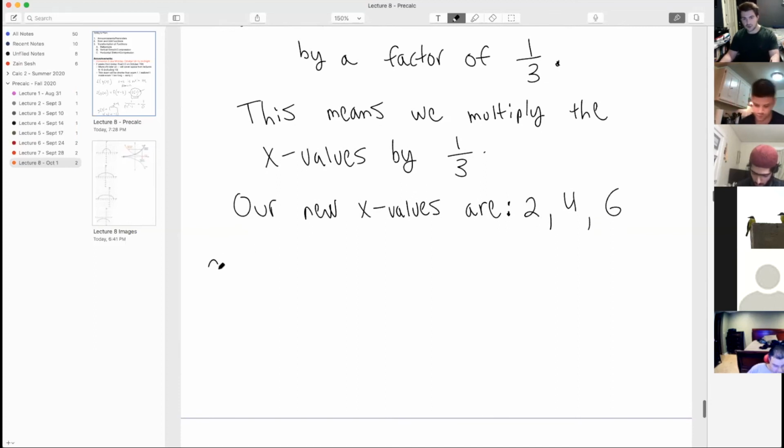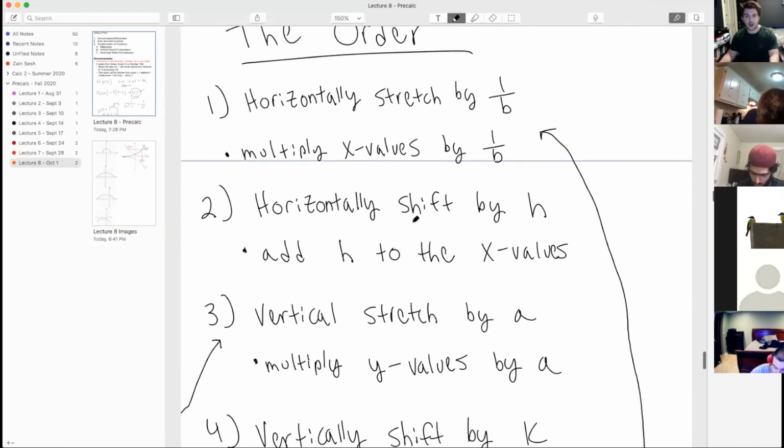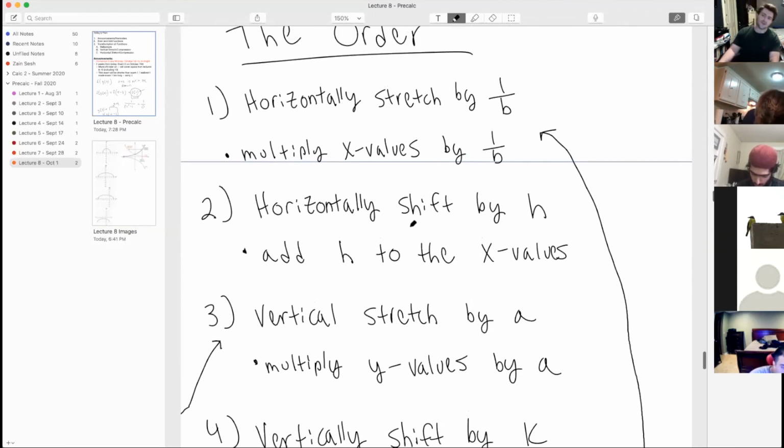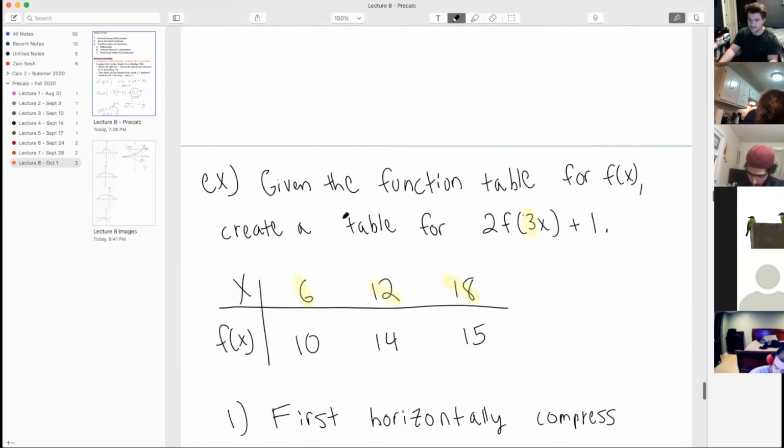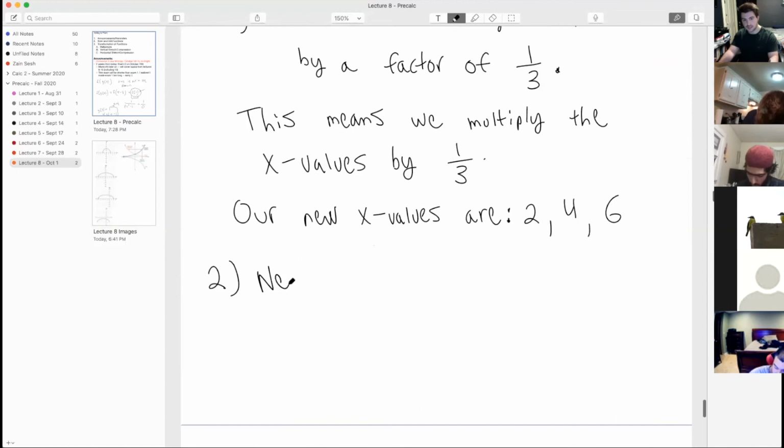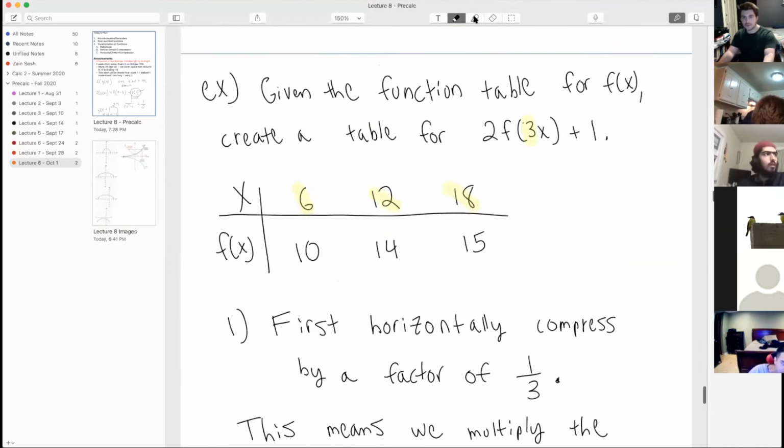All right, so next transformation. What was next in our order? Horizontally shift. This function that I've given you, 2 f of 3x plus 1, actually has no horizontal shift, so we skip it. So we go next to the vertical stretch. Next. Vertically stretch by 2.